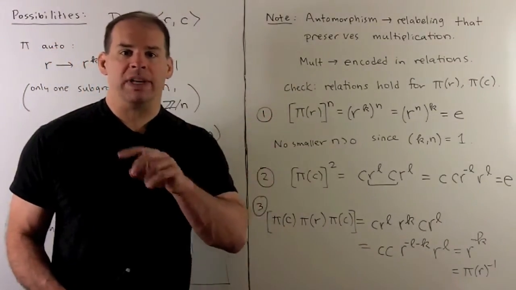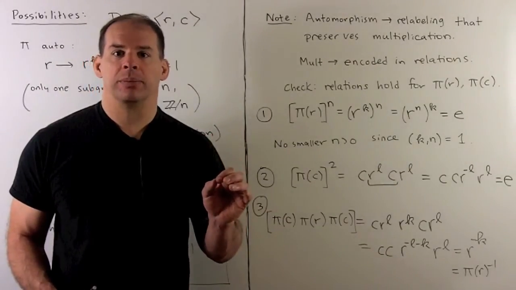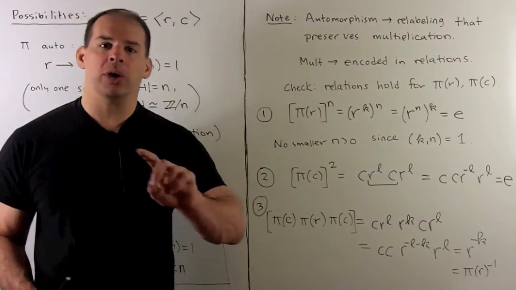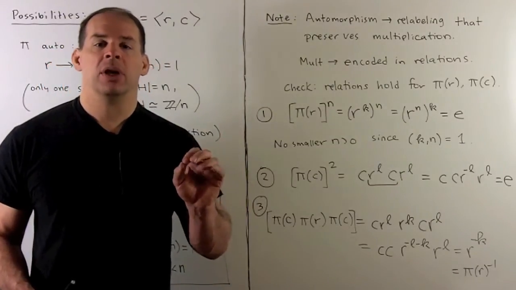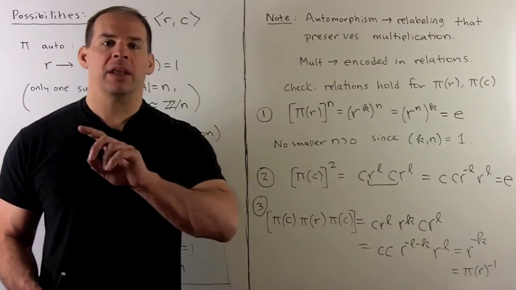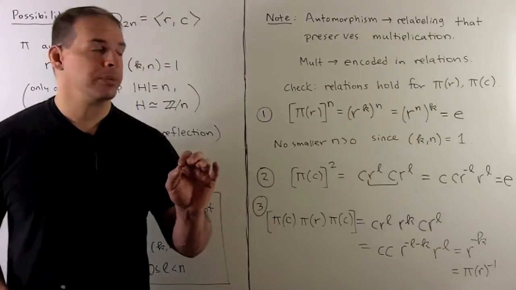An automorphism is a relabeling of the elements of the group in a way that preserves the multiplication. In our case, the multiplication is entirely encoded by the relations. So we want to see that when we apply pi to our relations, those relations hold up with our new elements.